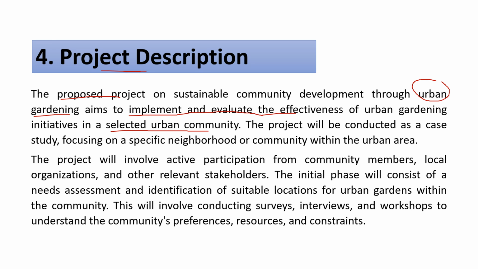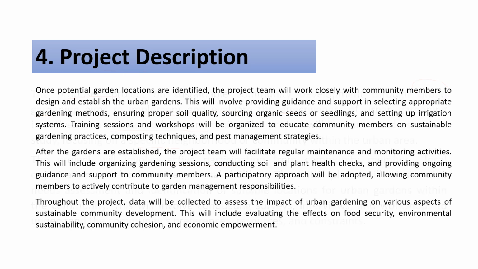The project will be conducted as a case study focusing on a specific neighborhood or community within the urban area. The project will involve active participation from the community. So here you are already mentioning some mechanics in your urban gardening. Okay, and some more examples.